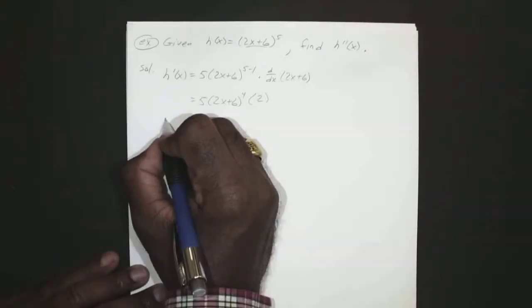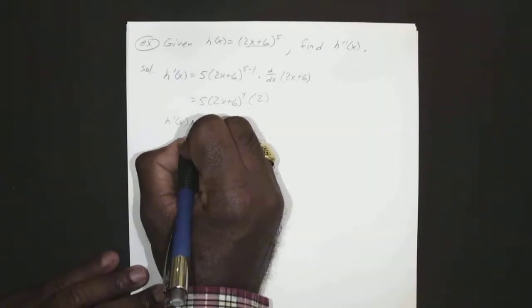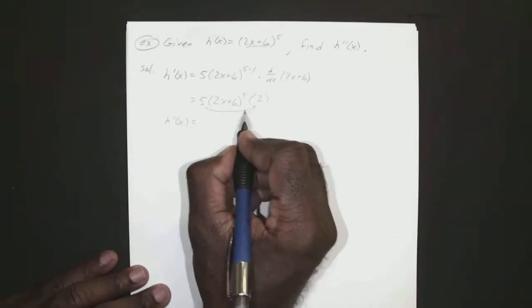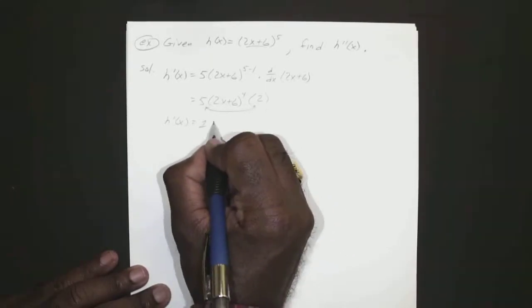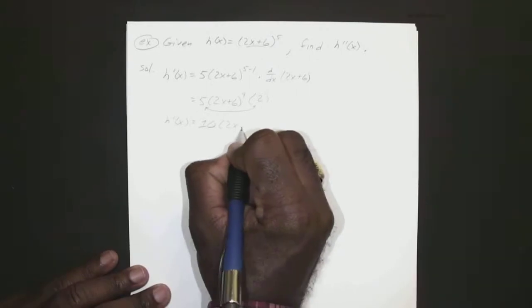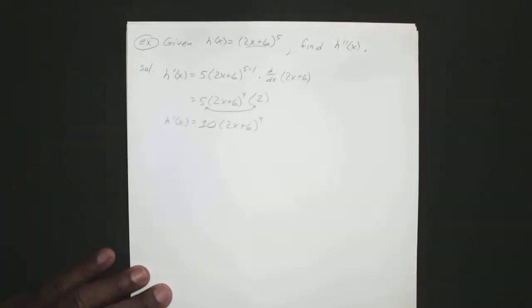So we're left there. So our h prime of x is equal to, once we multiply those, 10 times (2x + 6)^4. Okay.